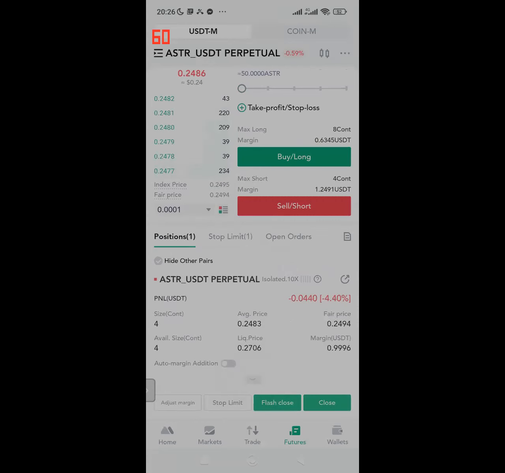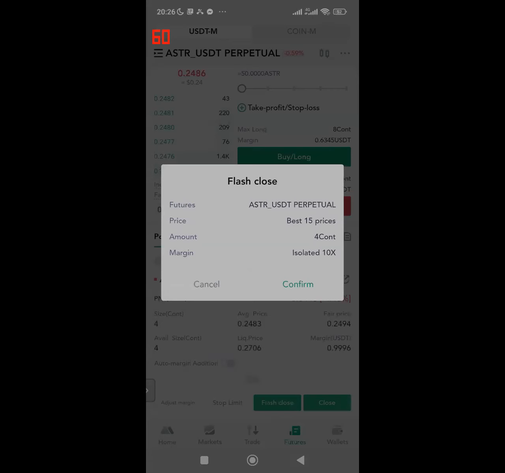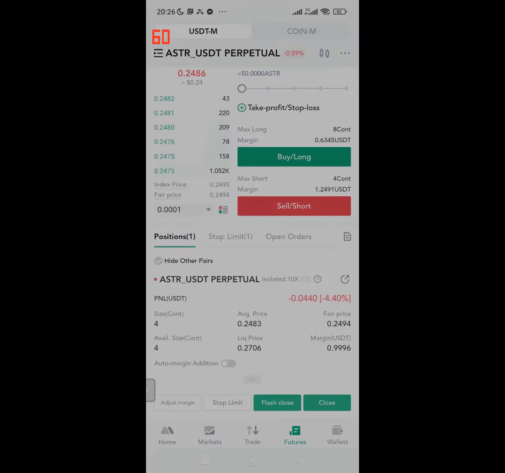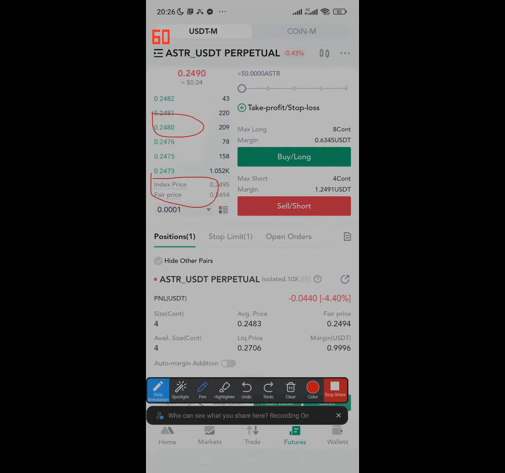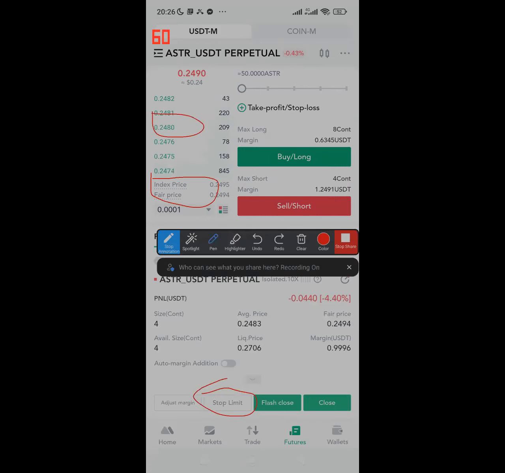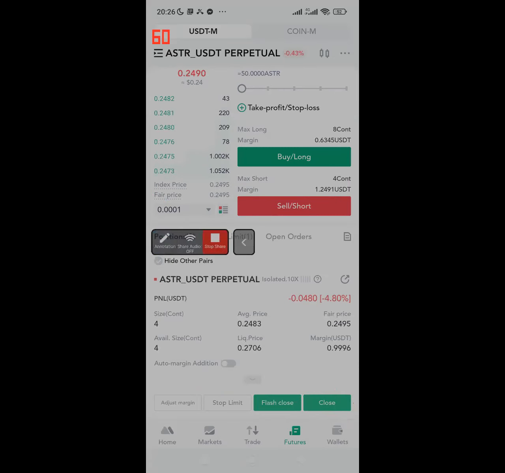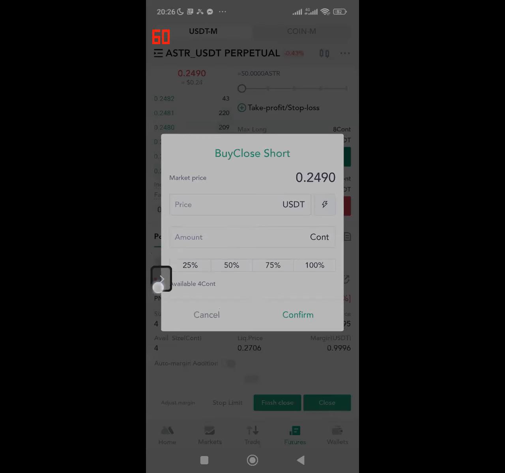If I also want to close my position, I can click flash close for everything to close immediately, instantly. Or if I want to take my partial profit, I will just click this close here. I click that close, and I'll be able to select the size by percentage that I want to close.